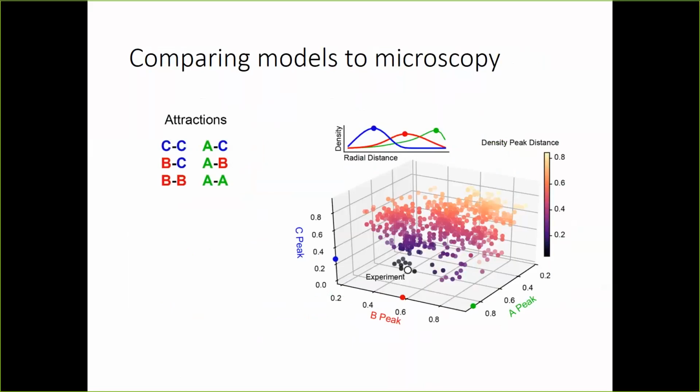So what we noted was that probably what was most important is not the particular values of these attractions, but rather their relative ordering. Of course, that's still not great because there are 720 possible orderings of these 6 attractions. So what we did was we chose 6 numbers and we permuted them to get 720 representatives of each of these possible classes of models.